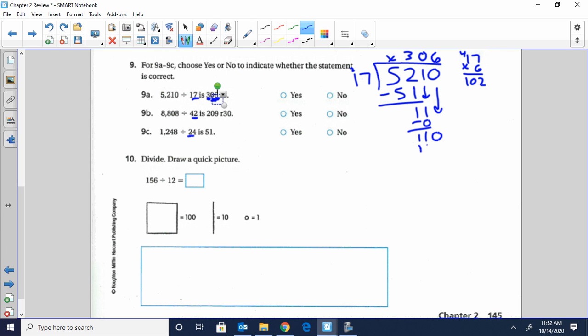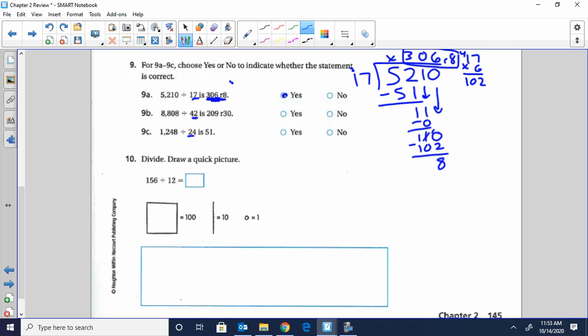That's 102. If I subtract, borrow here, 10 minus 2 is 8. So I have a remainder of 8. 306, remainder 8 is my answer. And that is what it said over here. So yes, that is a true statement.